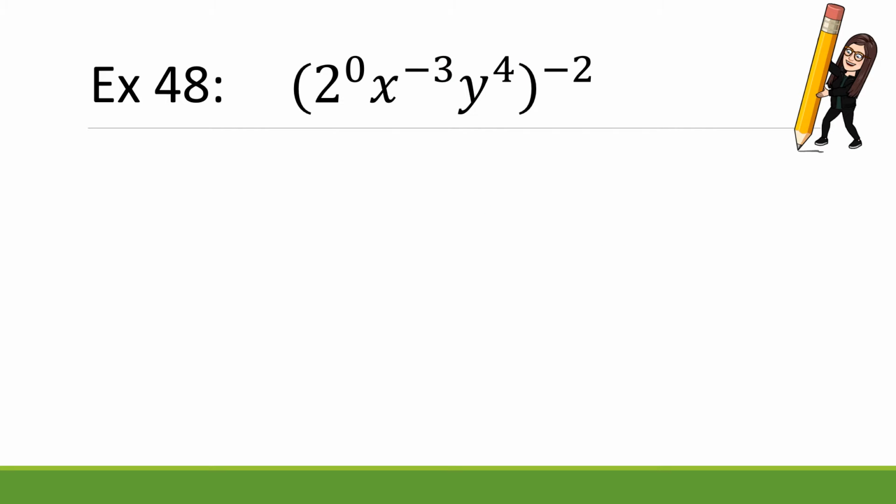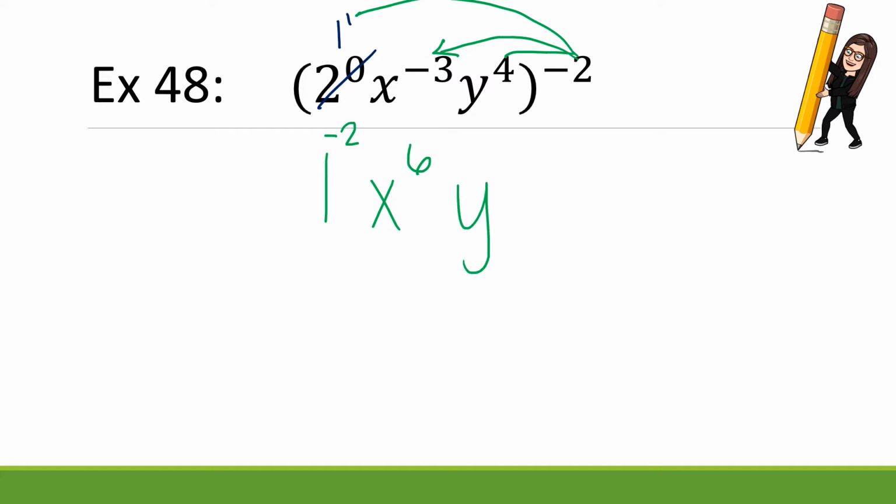First thing I notice is that I have a 0 power. Anything to the 0 power is 1. So I have a 1 to the 1. I have 3 pieces that I'm going to distribute onto. 1 times -2, -2. -3 times -2, 6. 4 times -2, -8.